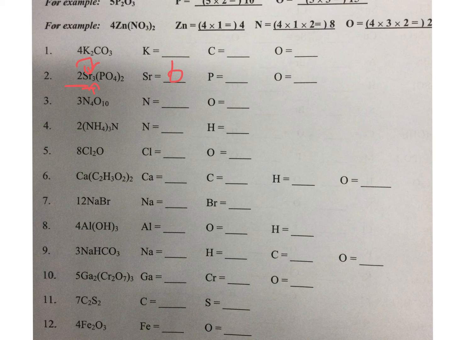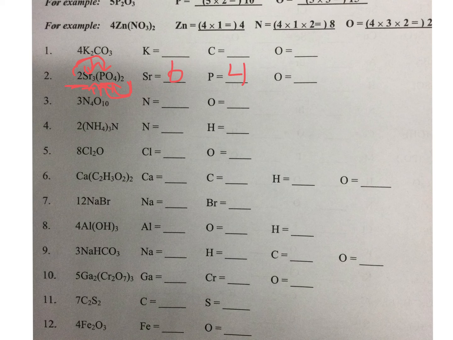Very good. Now phosphorus, don't forget, you have a compound. So this 2 is going to multiply to the P, and it's going to multiply to the O. So how many phosphorus do I have just here in the compound? 2. Very good. And now we're going to add the coefficient. So 2 times 2 for phosphorus is going to give you 4.